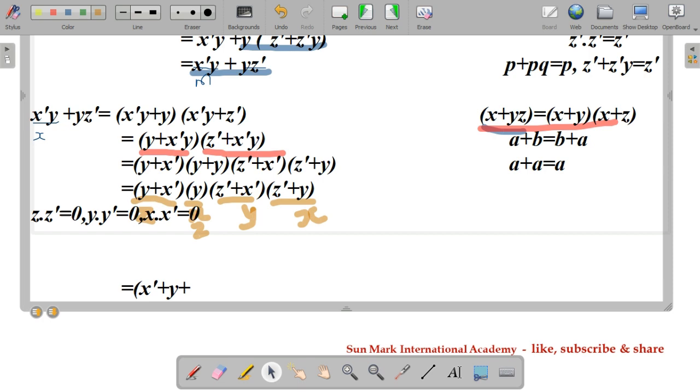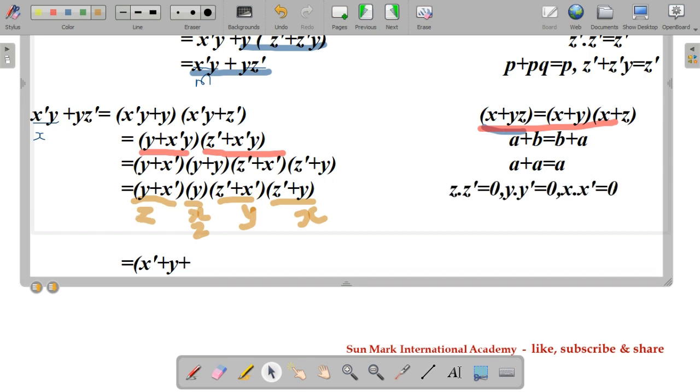Okay, these are the laws we are applying here. Instead of 0, the missing variable means that value is 0, so we apply the Boolean laws. Here, which one is missing? Z is missing in the first term, so z·z'. Next term, y alone is there, so x and z are missing, so we write (x·x' + y + z·z'). The next term, y is missing, so we write (x' + y·y' + z').